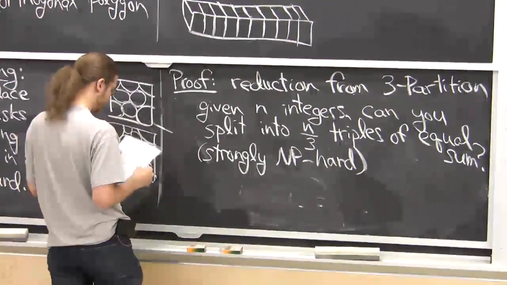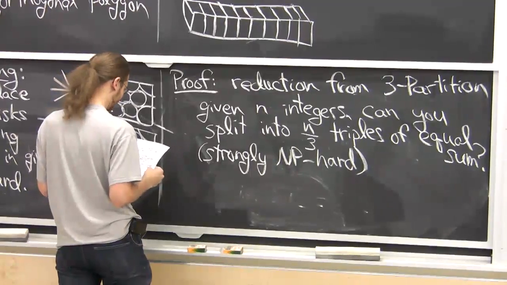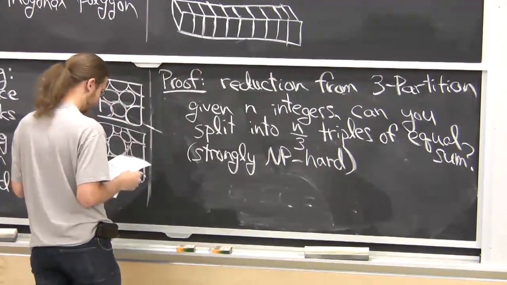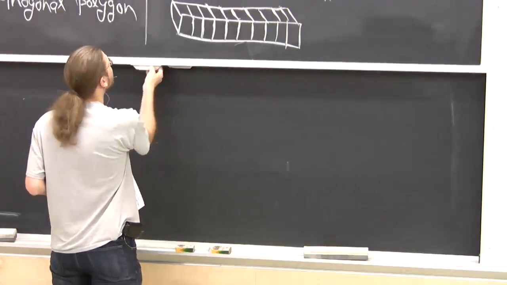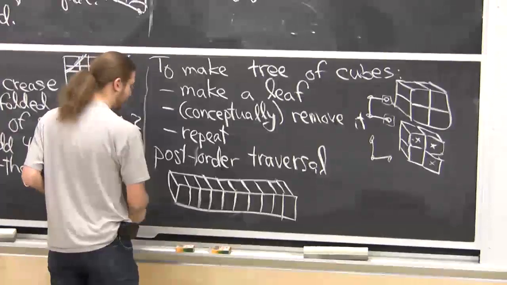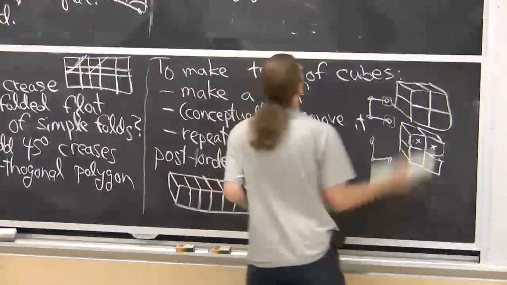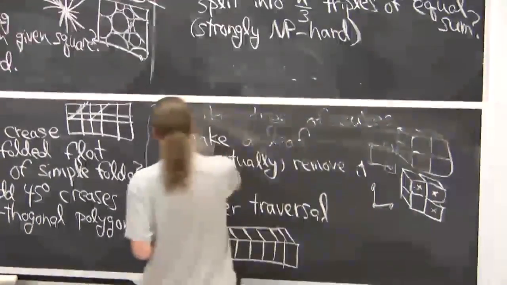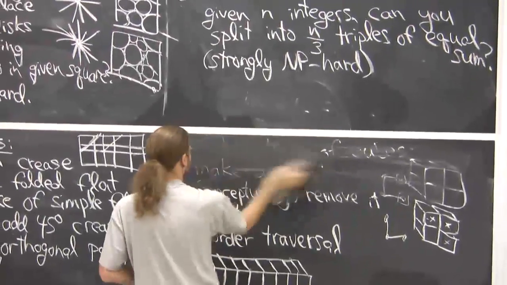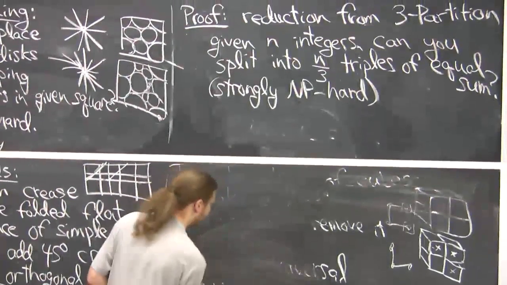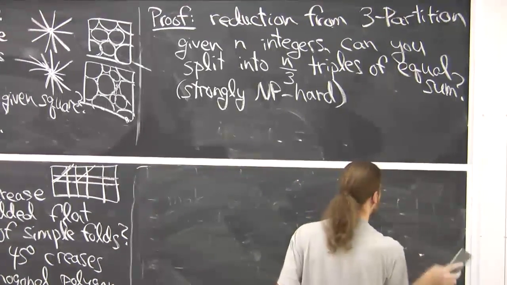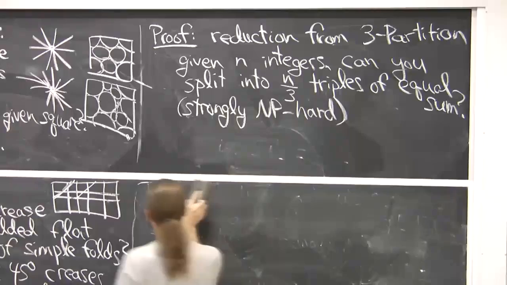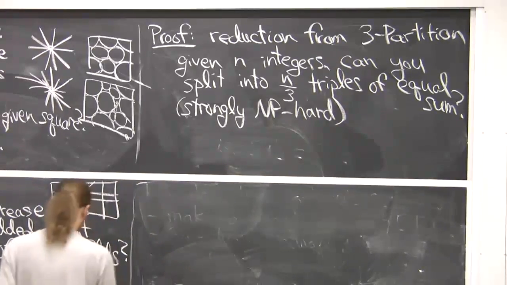So that's my problem that I'm going to start from. So I give you n integers. I want to somehow triple them up using a disk packing. So somehow solving a disk packing problem is going to solve the 3 partition problem.